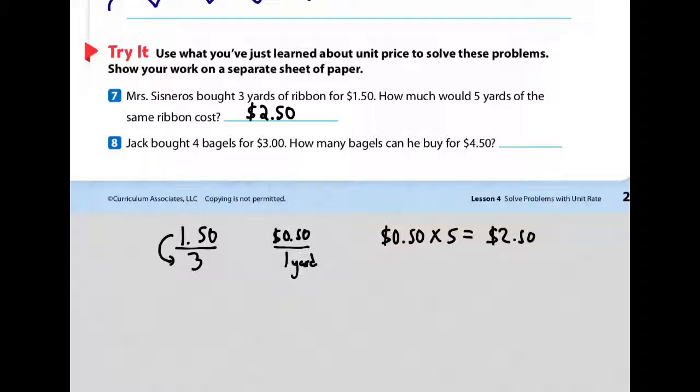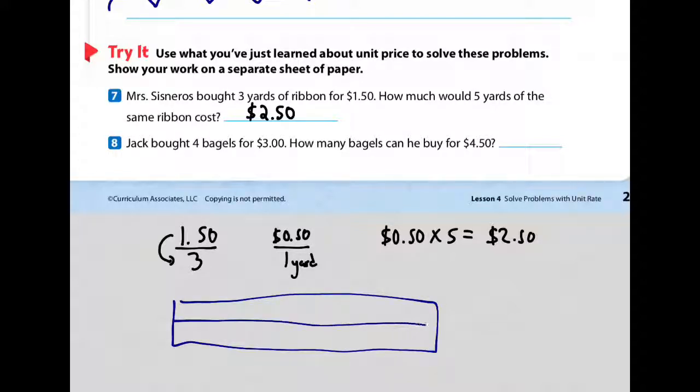Now, what I'm going to do for 8 is I'm going to solve this one a different way instead of finding the unit price. All right. So this says, Jack bought 4 bagels for $3. How many bagels can he buy for $4.50? So in this one, I'm going to do kind of a messy ratio table.